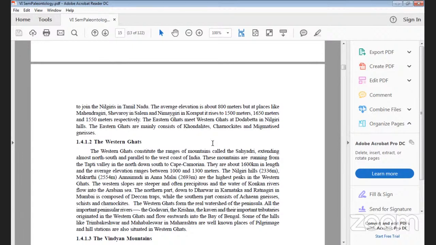So 1650 meters and 1550 meters are seen near the Koraput areas. The Eastern Ghats meet the Western Ghats at Doddabetta in the Nilgiri Hills. The Eastern Ghats mainly consist of khondalites, charnockites, migmatites, and gneisses.